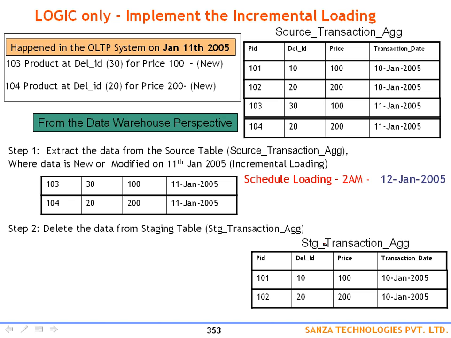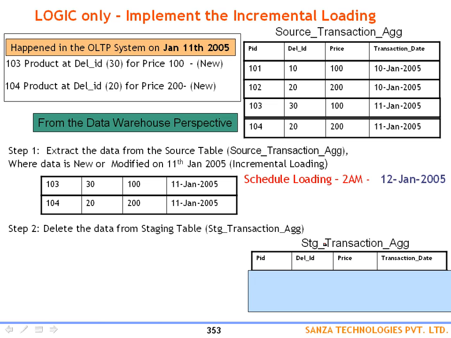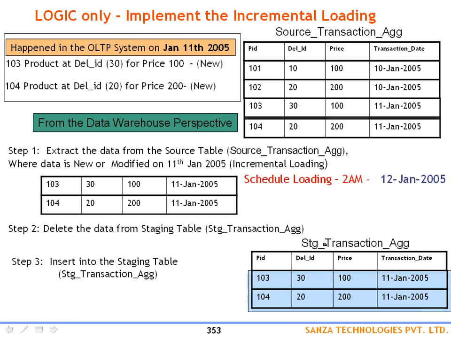This correlates to our parallel loading of source, extracting the data from stage employees, from stage employees to dimension employees, the same concept we are discussing here. So on 12th January 2005, you extracted the data of 11th January 2005 transactions. Before you load the data, you delete the data from the staging, then you insert those transactions.